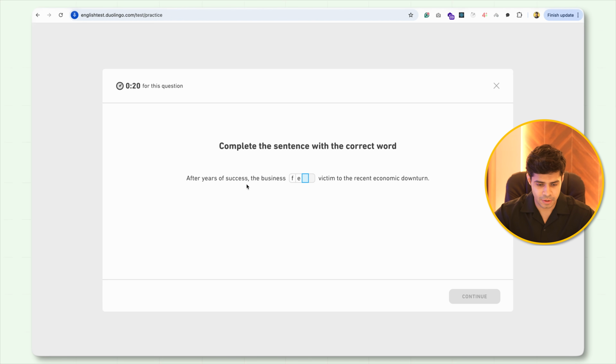Let's get started. After years of success, the business fell victim to the recent economic downturn. Makes sense. All right, let's move forward. His blank for stargazing was infectious and persuasive, leading others to decide to join him on clear nights. His enthusiasm, probably right. He's very enthusiastic about it, it seems.